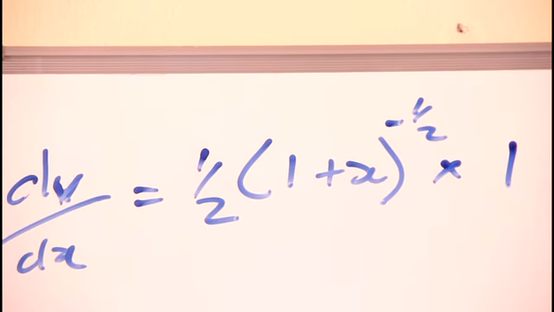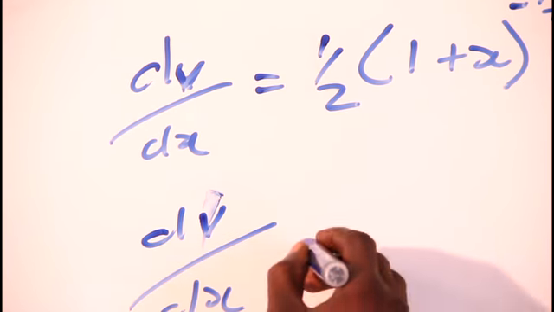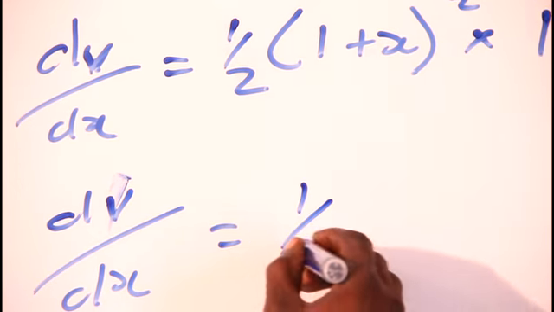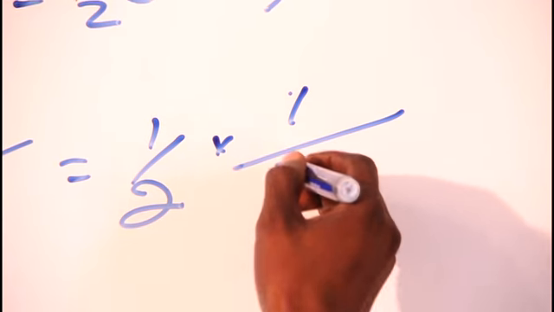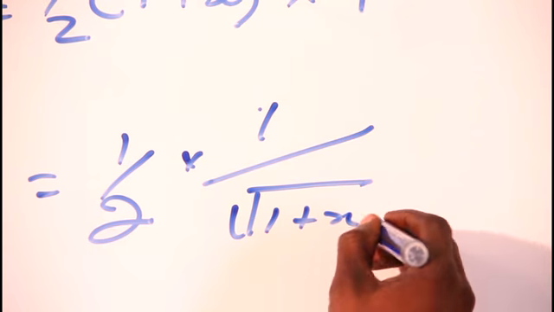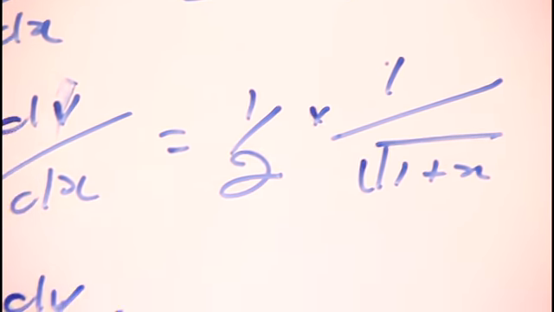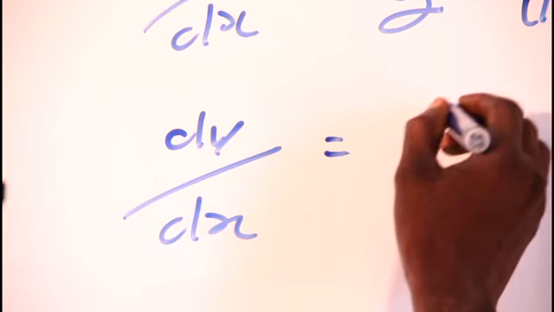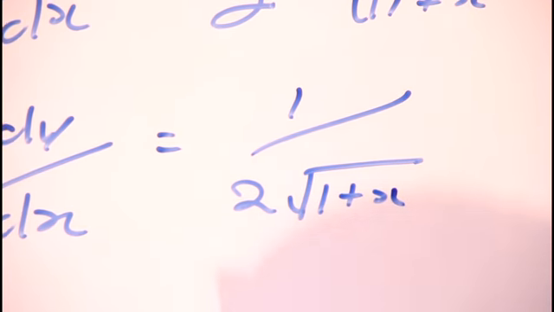So when we do that, dv over dx will be equal to 1 over 2 times 1 over root 1 plus x. We can simplify it further: dv over dx will be equal to 1 over 2 root 1 plus x.